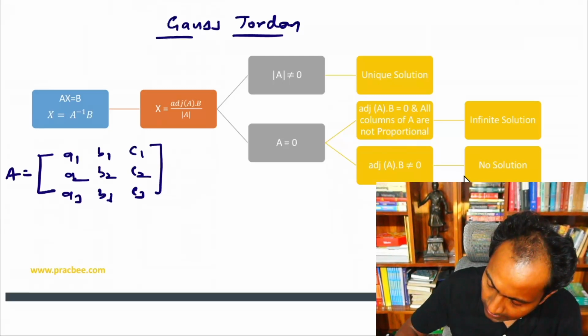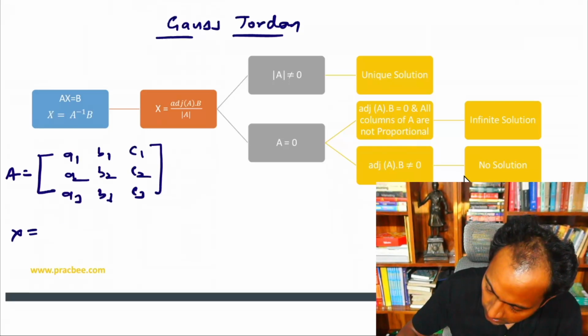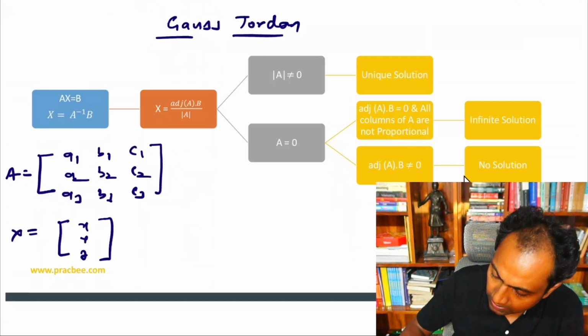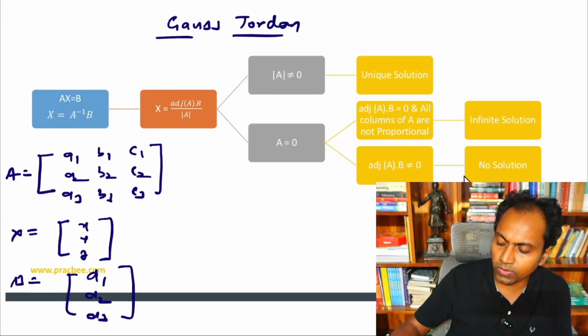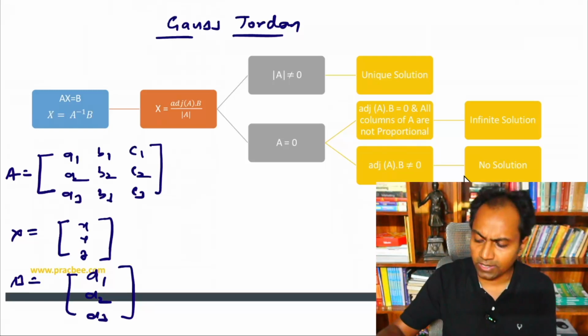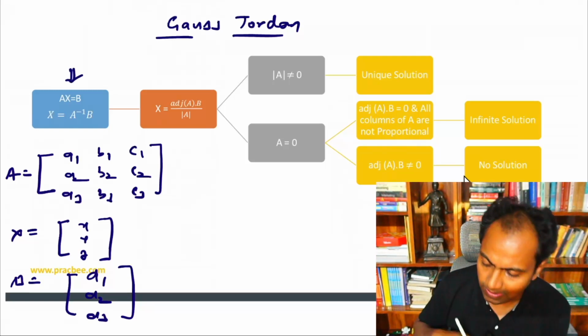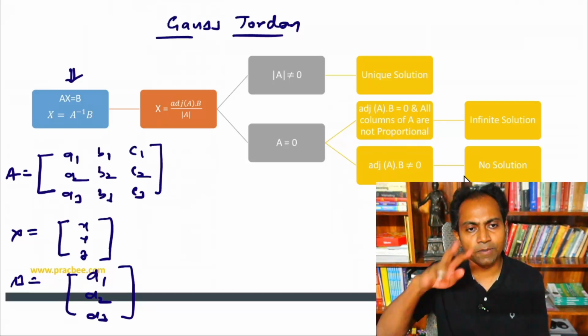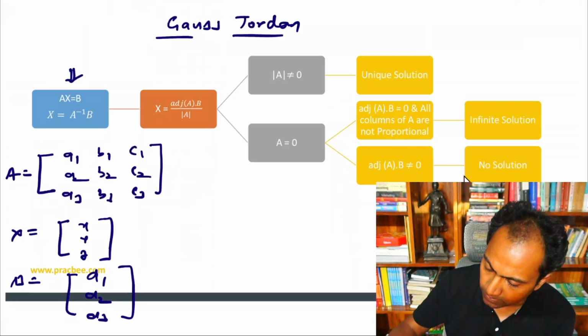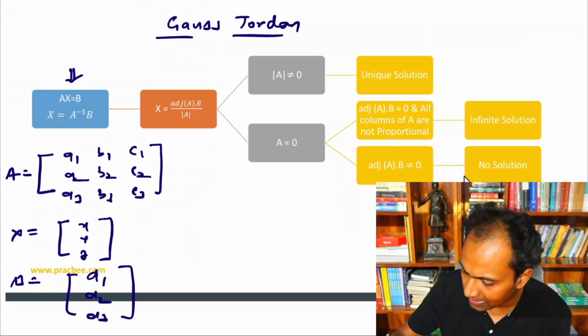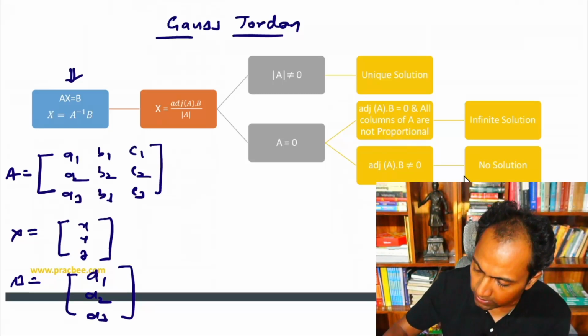Then we can write another matrix as nothing but X, Y, Z. And the other matrix that was written on the other side, the D1, D2 and D3 part, we are calling this another matrix. So what it says is that the simple equations that we wrote earlier can be written in matrix form in this manner. AX will be equal to B. If you multiply A and X and compare that with B, you are going to get the exact same three equations. So now if I want to solve this, what is the method? What we are saying is, see, there are two things that we need to consider first.